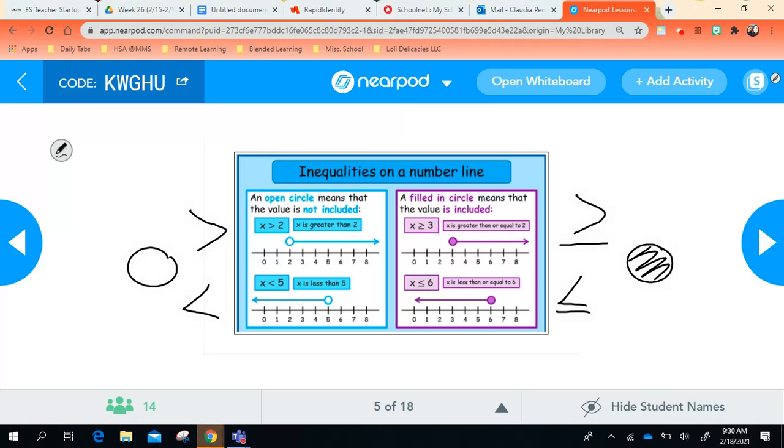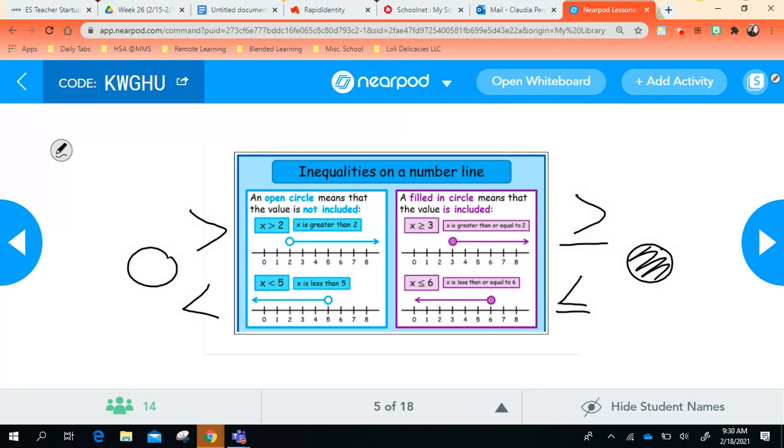What does that mean? When you have x is greater than a number, would that include the number? So if I say Santiago has a greater amount of strawberries than I do, is it possible for her to have the same amount of strawberries as me? No. It would mean that she has more strawberries than me.